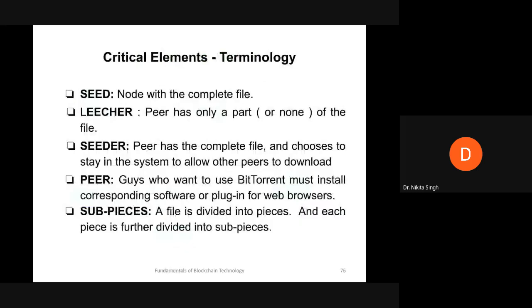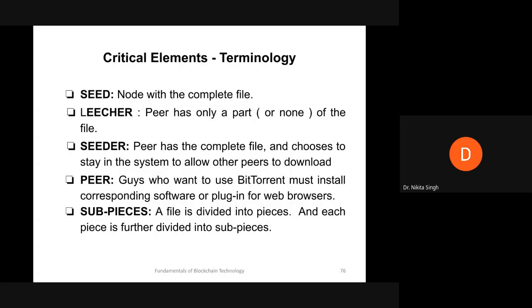Now, let us see some terminologies with respect to this BitTorrent network. BitTorrent makes use of certain terminologies, and let us get familiarized with them before we proceed any further. A seed is a node which has the complete file.